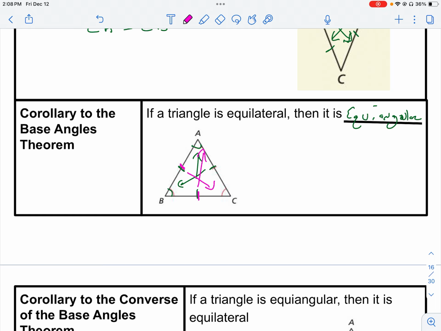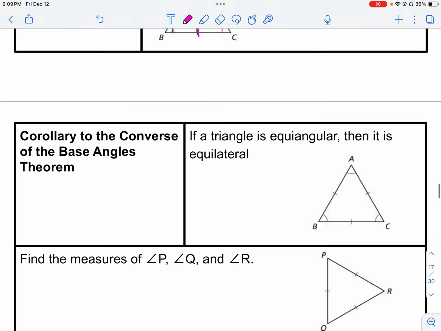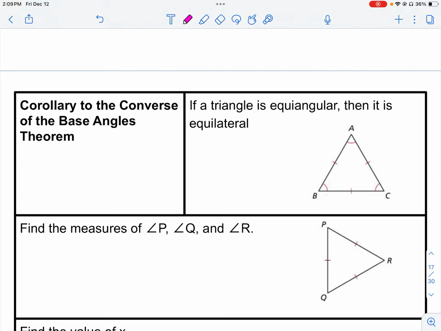And that's why most students are unfamiliar with the term equiangular in regards to triangles, because it gets shorthanded to equilateral, because every equilateral triangle is equiangular. And every equiangular triangle is equilateral.